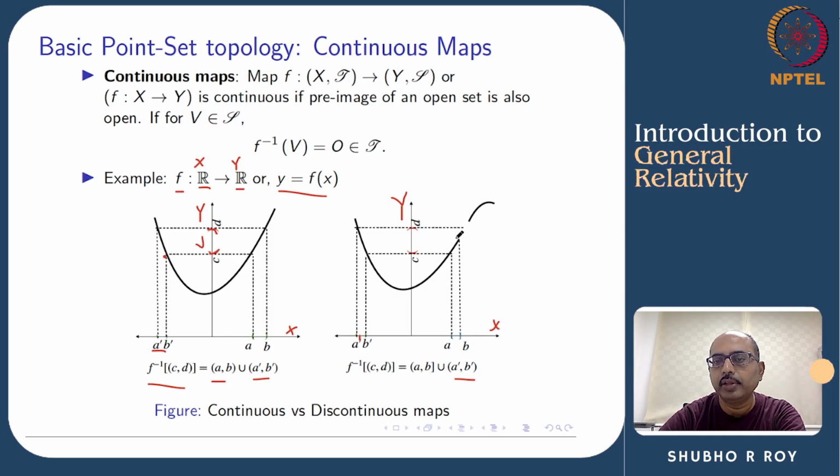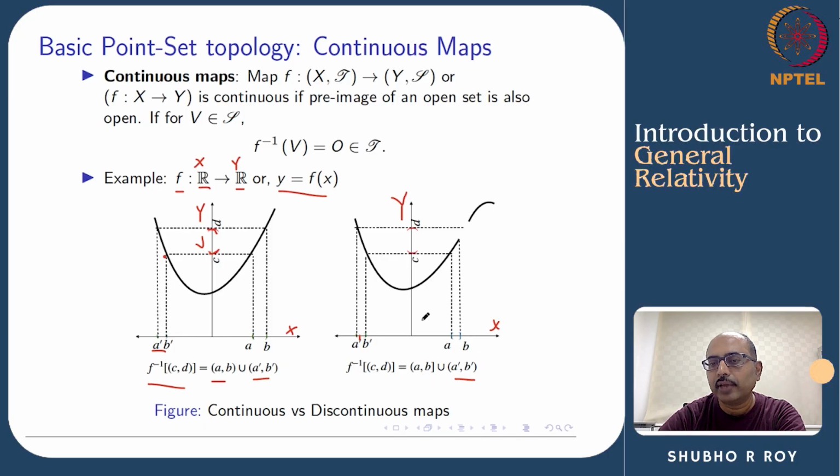On the other hand, on the side on the positive x-axis, where the break is appearing, what we can see immediately is that C comma D is mapped to a half open, half closed interval, because no points beyond this point B are going to have an image in Y, so this has to be excluded.